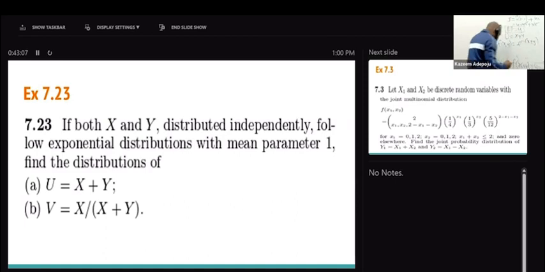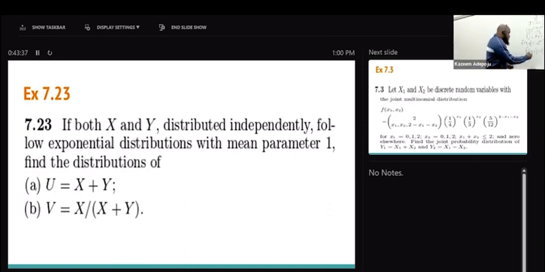If I want to get my f of uv, what is my x plus y? X plus y, that is u, right? This is going to be u. What is the Jacobian? The Jacobian is u. Take a look at this. This is my joint. Now I need to look at the range.